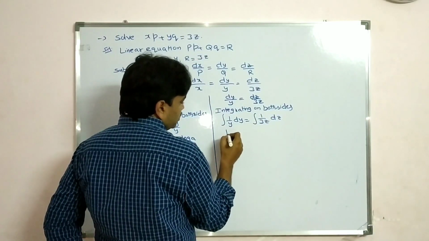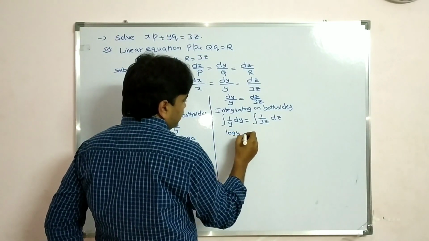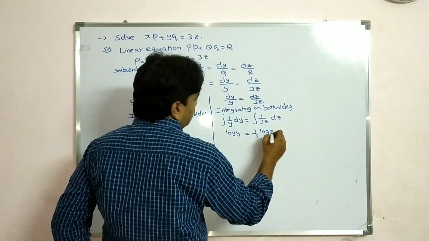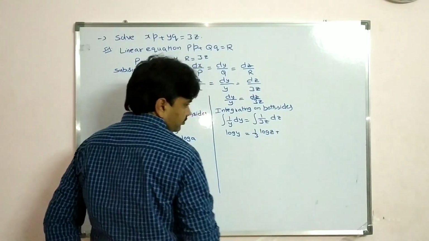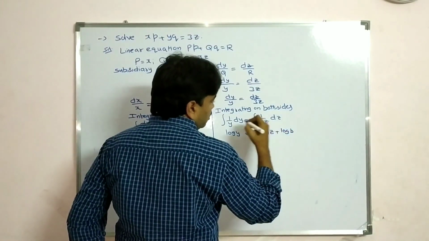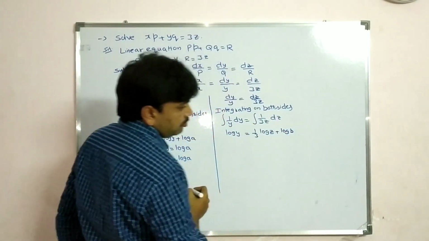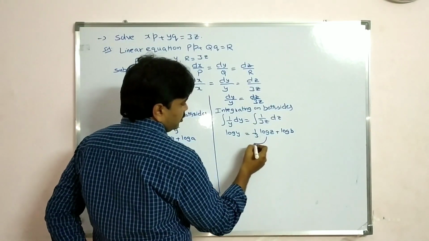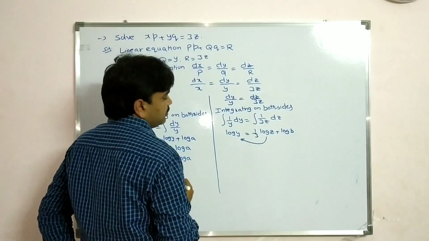So what we get here, students? Log y is equal to 1 by 3 log z plus, this time I want to take the constant as log b. Now you transpose 1 by 3 log z to the left hand side.